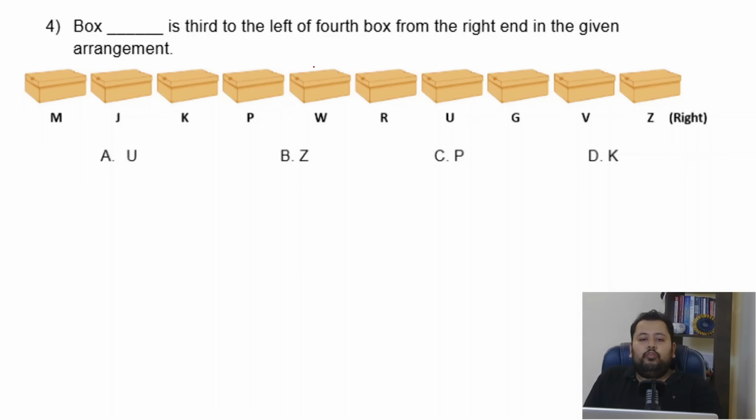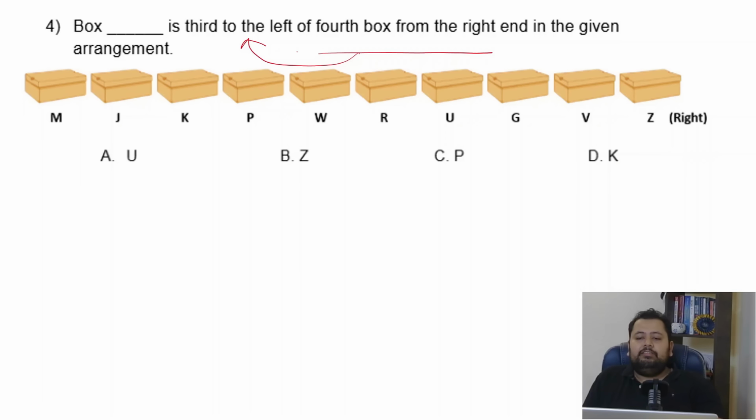That is, first find out what is the fourth box from the right, and then find what is the third to the left of fourth box, right? So pause the video, find out what is fourth box from the right end, and then find out what is third to the left of that box, right? Pause the video, solve it first, and then look at the solution.